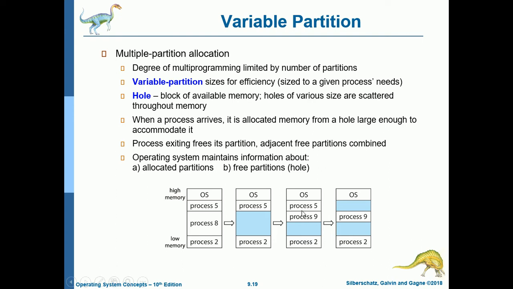For example, what if process 9 has finished first and process 5 is still here? Then this will be a hole. It is said here that adjacent free partitions will be combined. For this, it cannot be combined because process 9 is still executing. Once process 9 is finished, the three holes will be combined since they are adjacent free partitions.